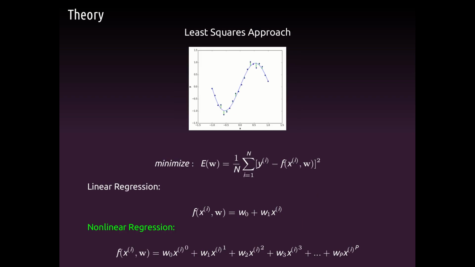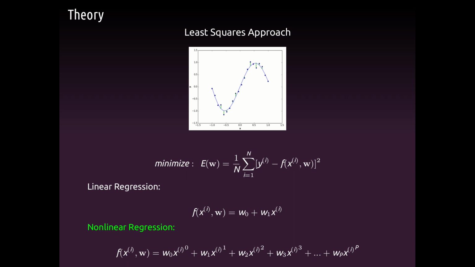Within the nonlinear regression approach, this hypothesis function is expanded to include terms of higher polynomial degrees, such as w2 multiplied by x super i square, w3 multiplied by x super i cube, and so on, up to the degree of polynomial we are searching for.